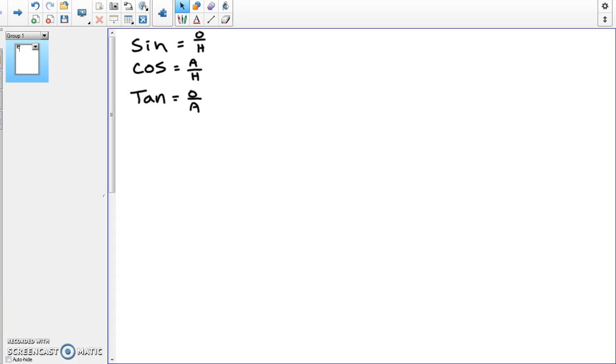There are, however, three other ones, and they kind of go hand in hand with each of these sine, cosine, and tangent ones. And they are this. There is cosecant, secant, and cotangent. Okay?